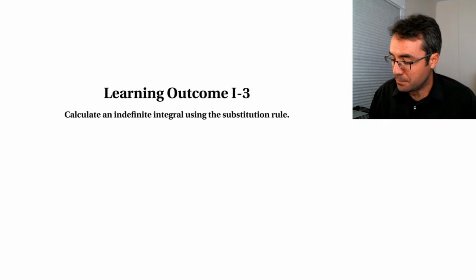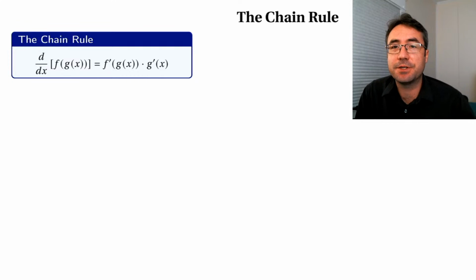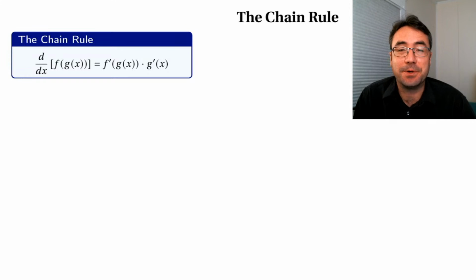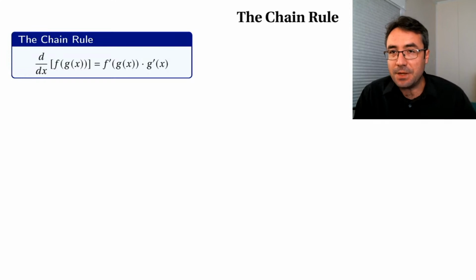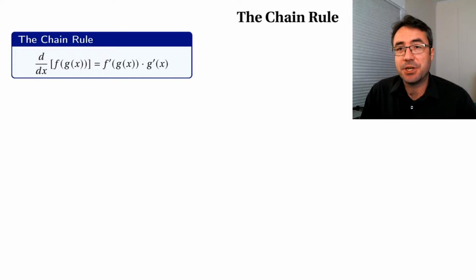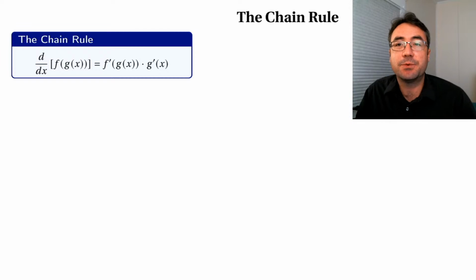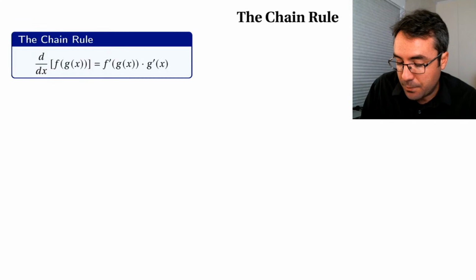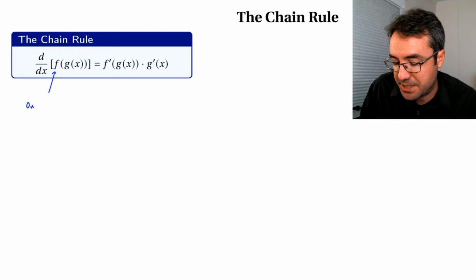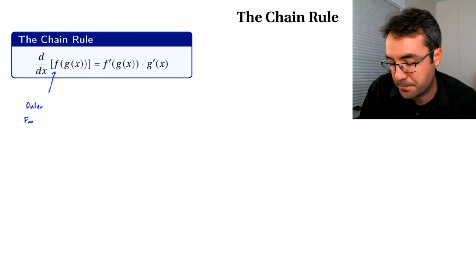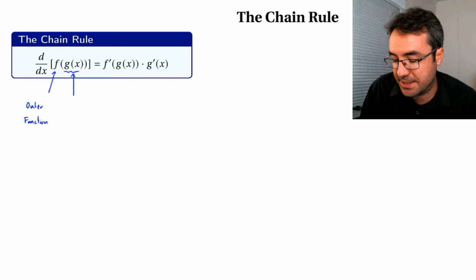So let's get started. The first thing we're going to start with is going back to derivatives. We're going to go back to our chain rule, and let's just recall what the chain rule says. It tells us how to differentiate the composition of two functions. When we talked about composition, we would call one of the functions the outer function, and then we saw parentheses, and the function inside the parentheses we called the inner function.